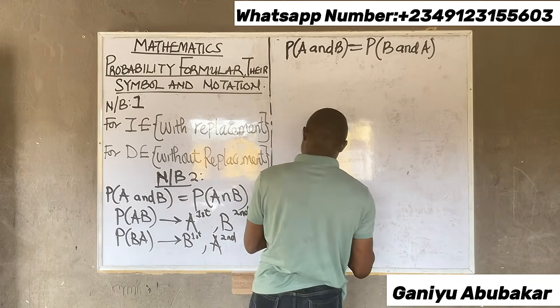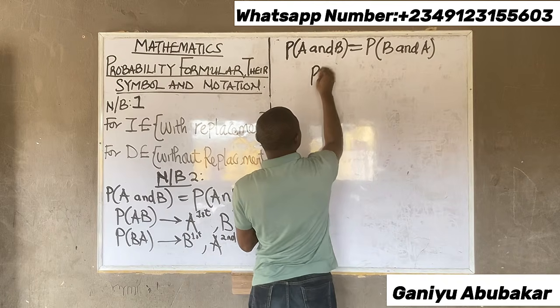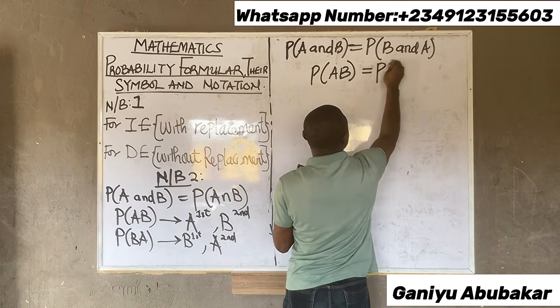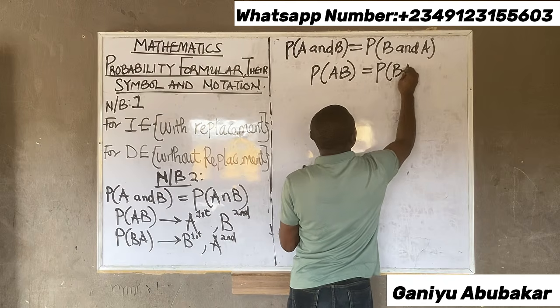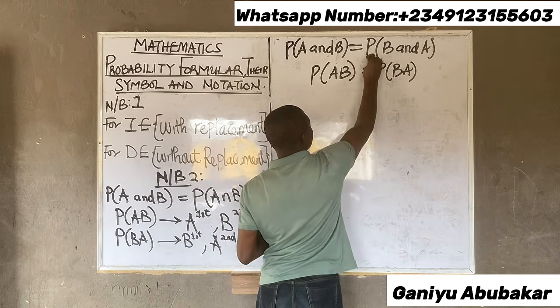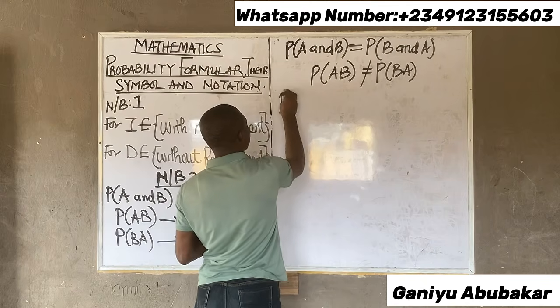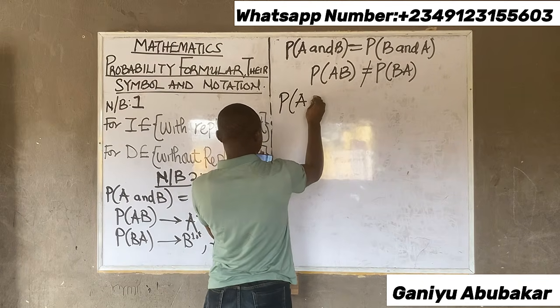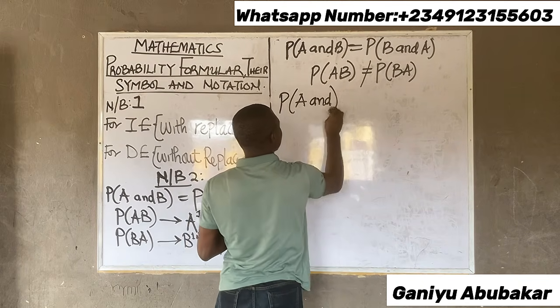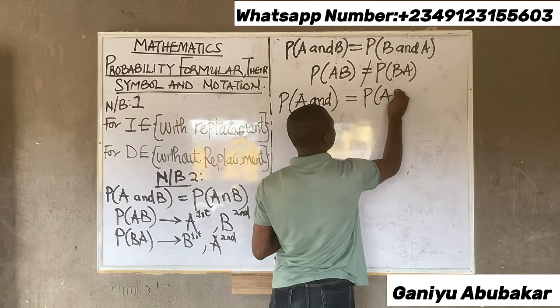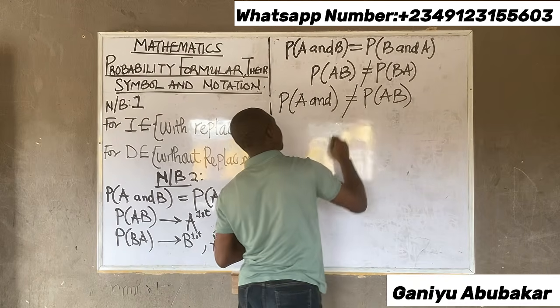But don't mistake the probability of A and B to be equal to the probability of B given A. They are not the same thing, please. Also, don't mistake the probability of A and B to be equal to the probability of A given B. They are not the same, please.